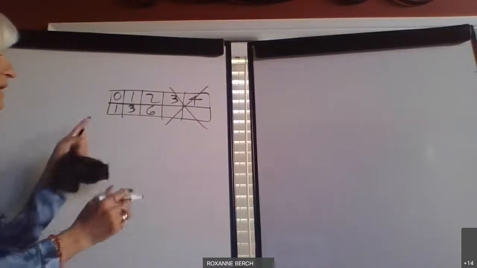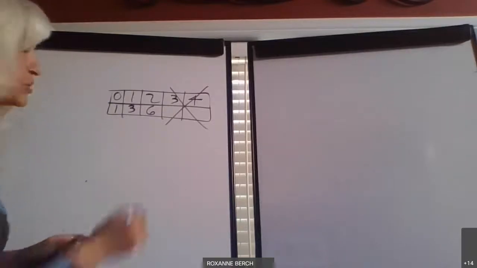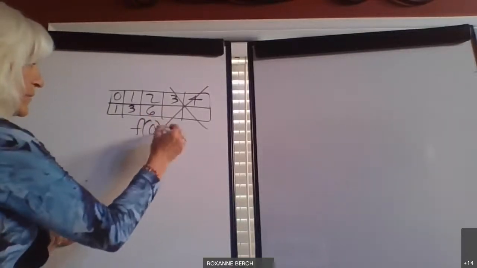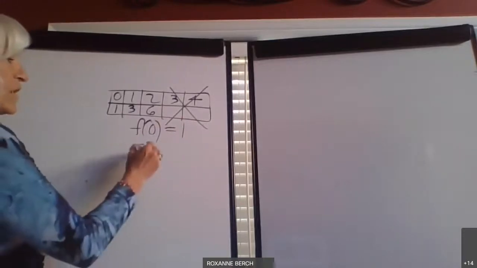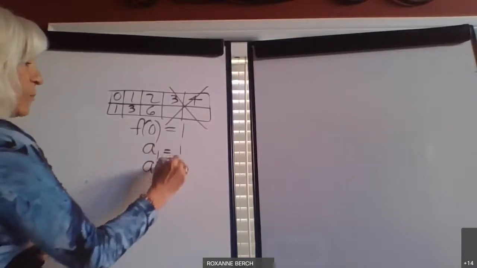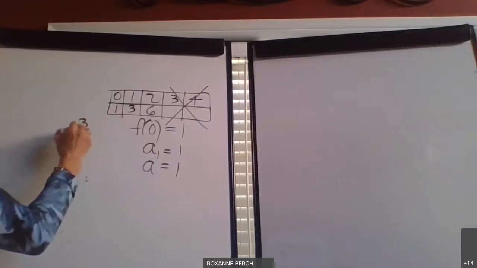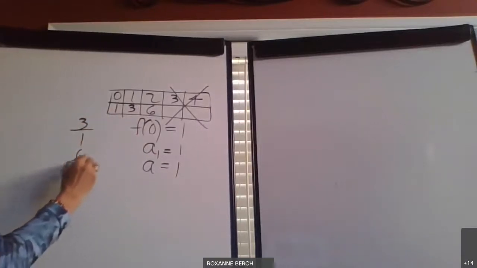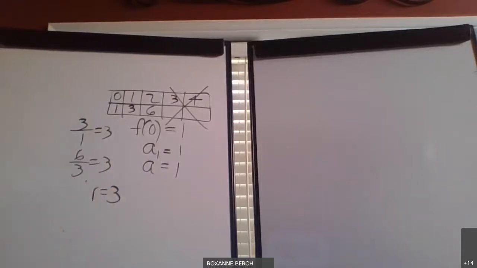For the recursive rules, you're always going to write the first term for the recursive rule. We know that the first term, whether you call it a sub 1 or a, is going to be 1. And the common ratio would be 3 divided by 1, 6 divided by 3, which is 3.